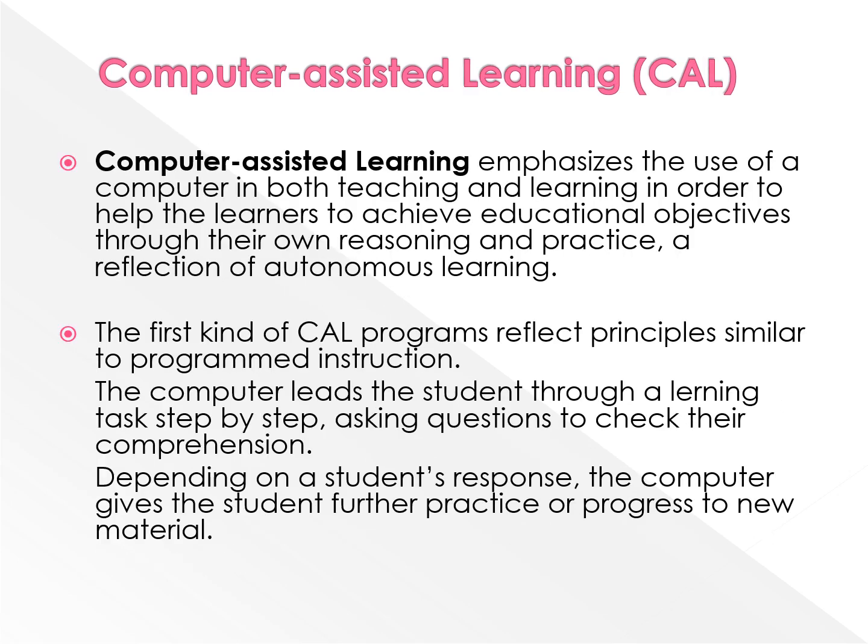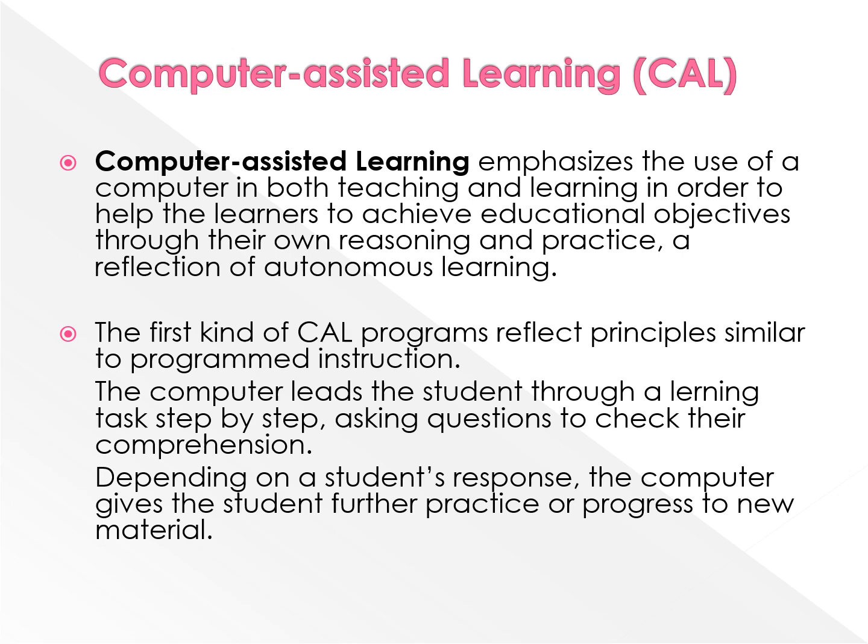After the first generation of computer-assisted instruction, the next generation is called computer-assisted learning, or CAL. CAL emphasizes the use of a computer in both teaching and learning in order to help the learners achieve educational objectives through their own reasoning and practice, or in other words, the reflection of autonomous learning.